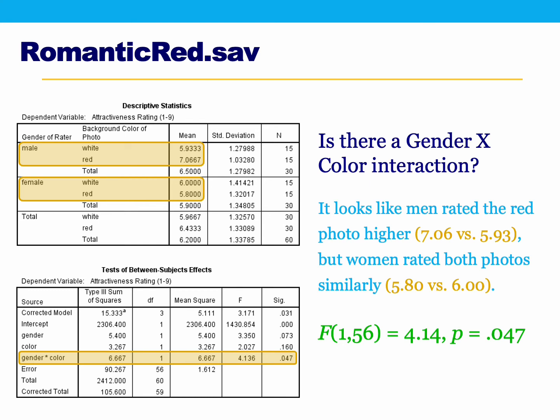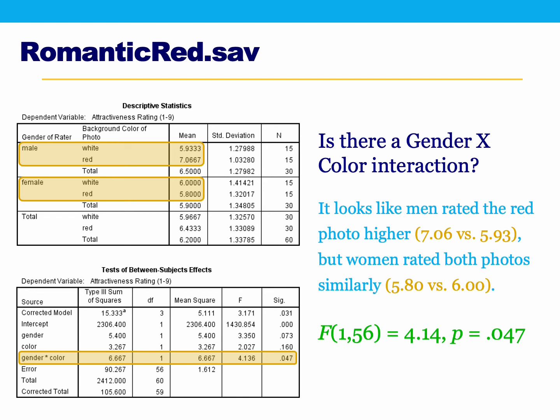This is all in the descriptive stats table. We see that for males, again, the red photo was rated as more attractive, because it's 7.06 versus 5.93.